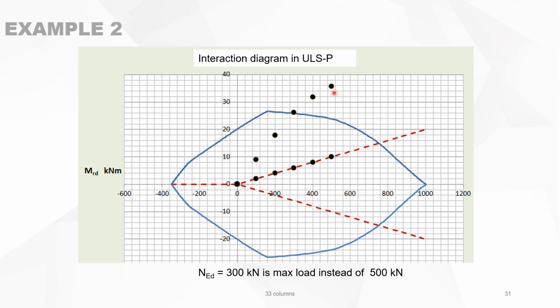Now we lower the normal force from 500 to 400, and still it's not enough. Only when we arrive at 300 kilonewton, then the column will be all right, but just barely. So you see that instead of 500 kilonewton, which is this point here, we can only load the column with 300 kilonewton, and afterwards it will buckle.